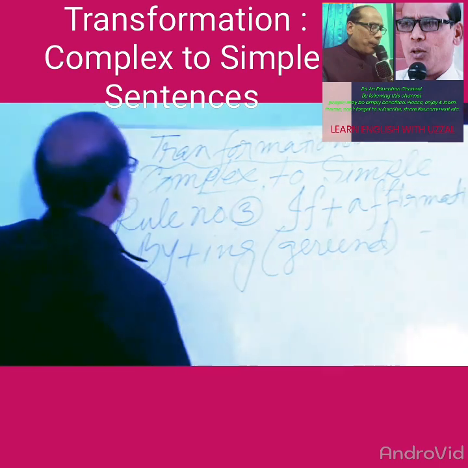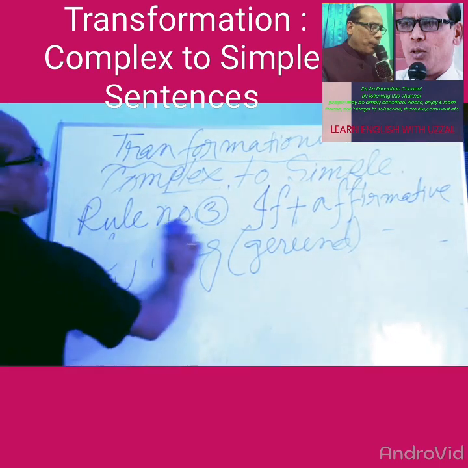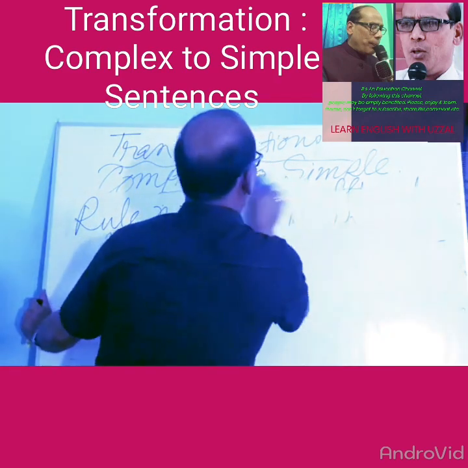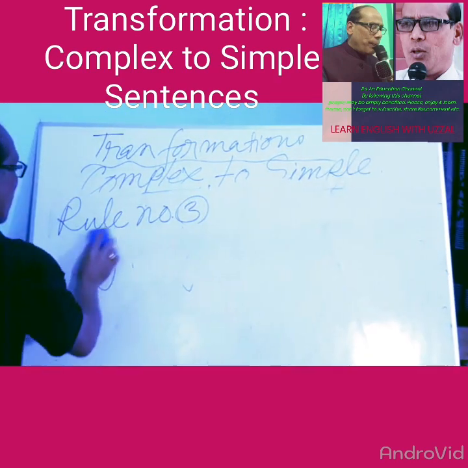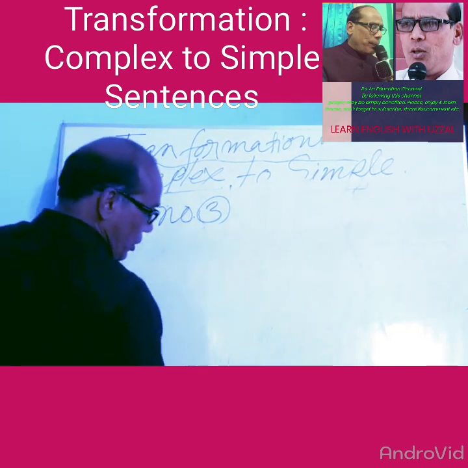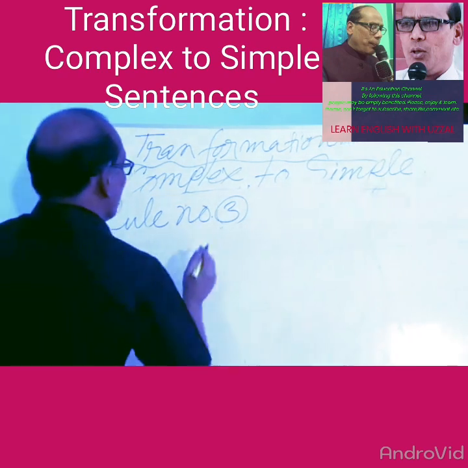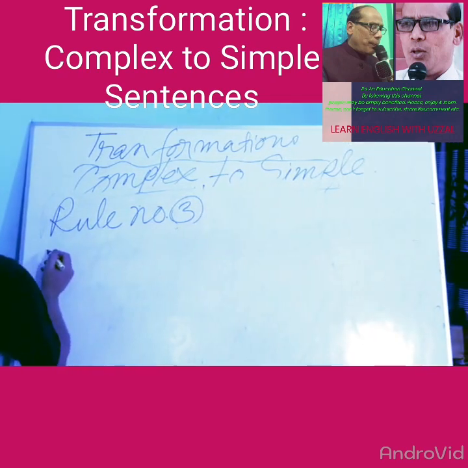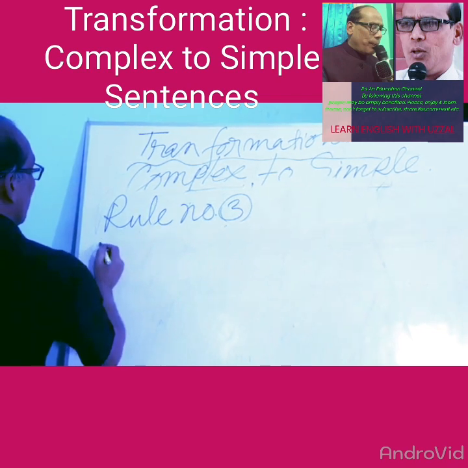You will have to follow only the conjunction. Let me give you the example. But one thing you will have to follow: whether the if clause is affirmative or negative. There is a problem if you don't make the difference between them.